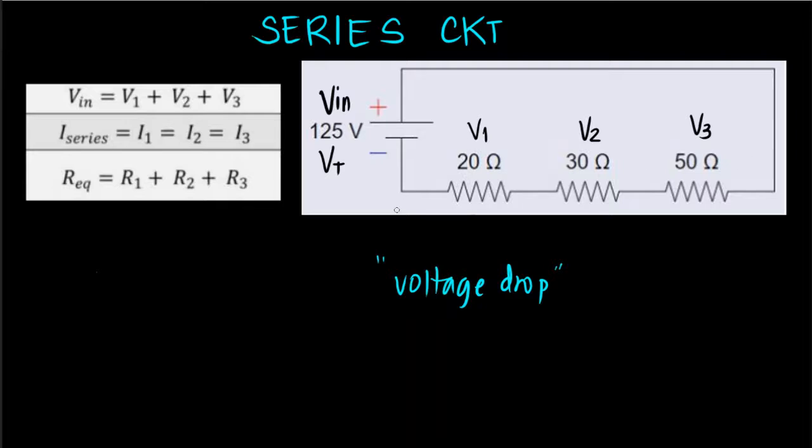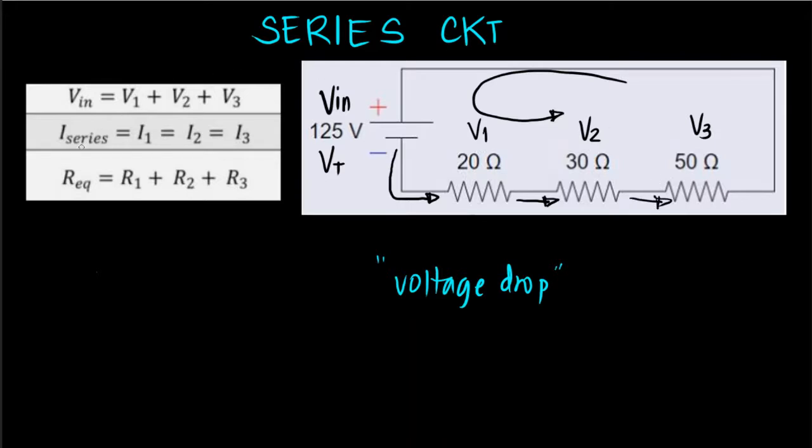Next, for series circuits, we only have one loop. As you can see, only one wire connects them, forming a single loop. So whatever current enters resistor 1 is the same as what enters resistor 2 and resistor 3.